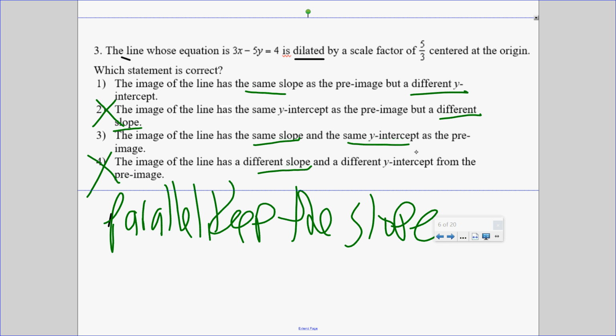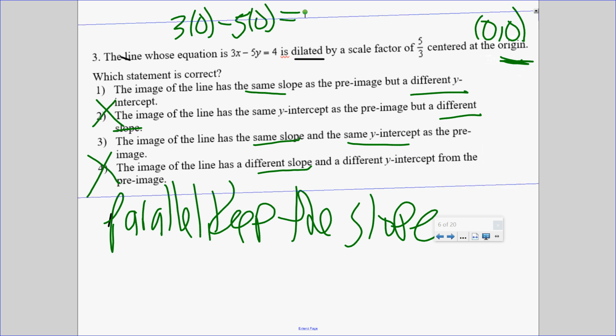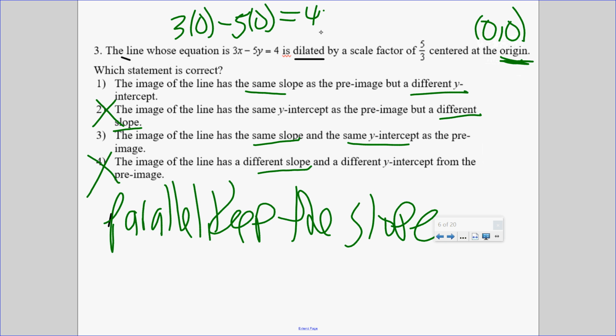To determine that, center on the line, sub x and y. My center is my origin, 0, 0. So I'm going to substitute 0 for x and 0 for y, and I'm going to see if this equation holds true. Well, 3 times 0 is 0.